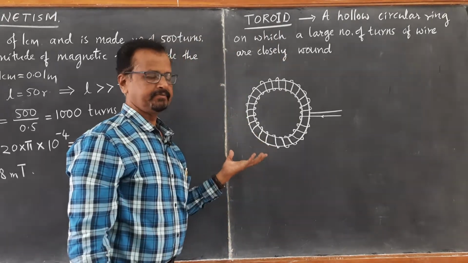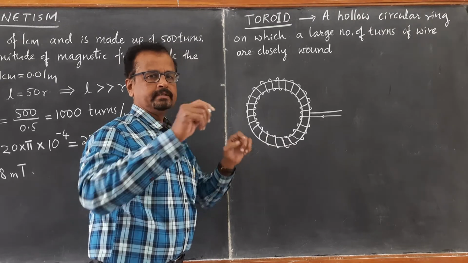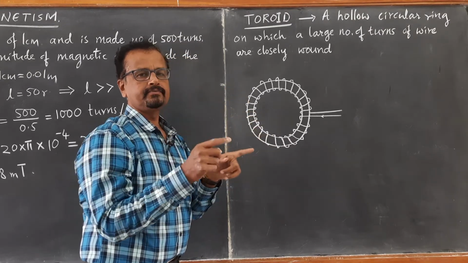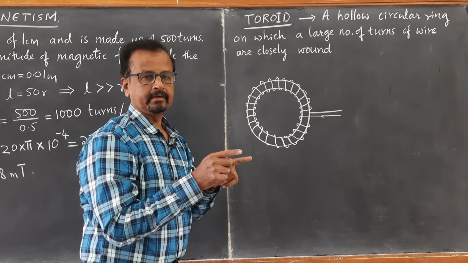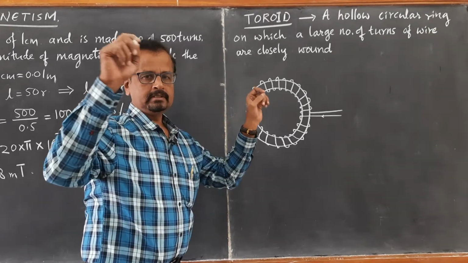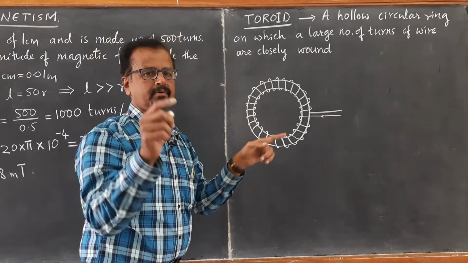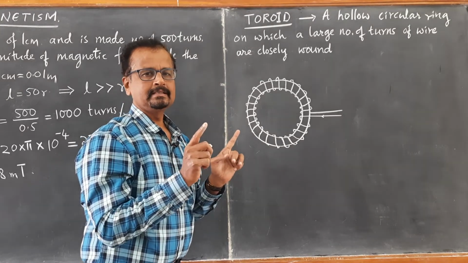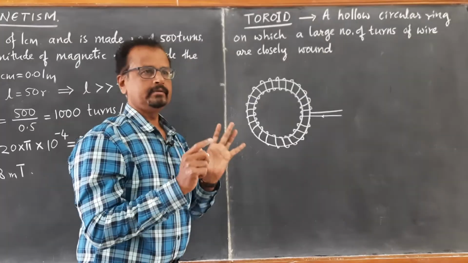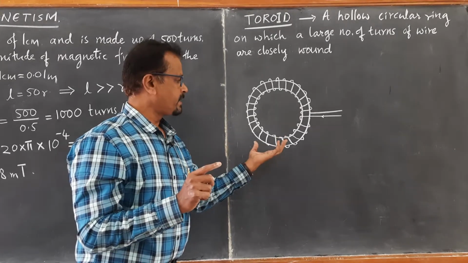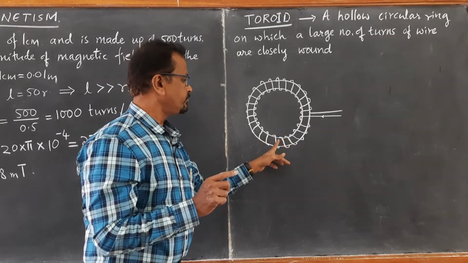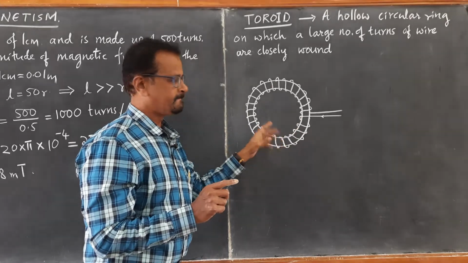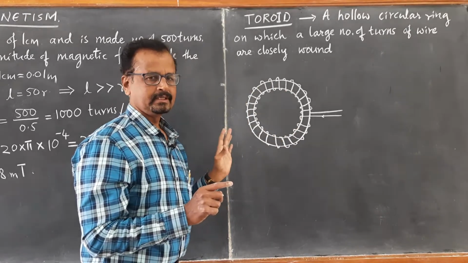It appears as if a long solenoid is bent into the form of a circular ring. If a long solenoid is bent in the form of a circular ring, it forms what is known as the toroid. Then it is interesting, the magnetic field lines will be confined within this ring itself, within this hollow ring.